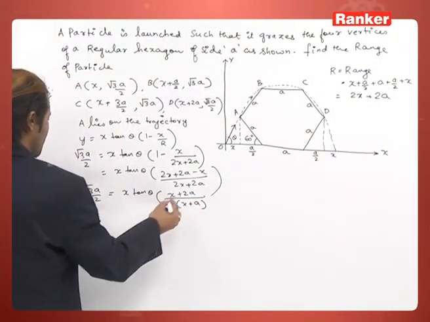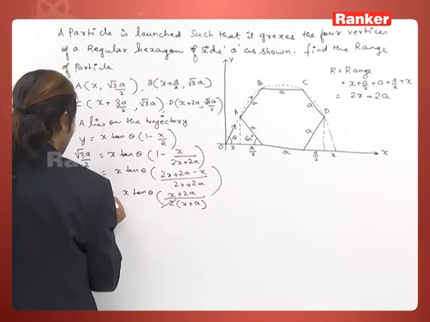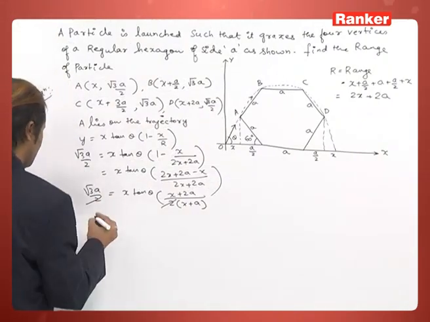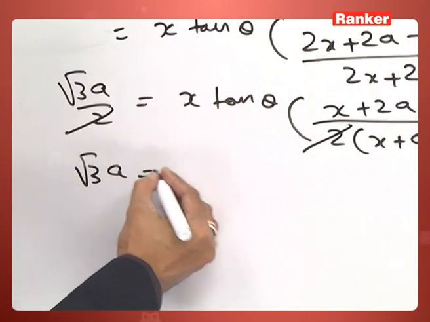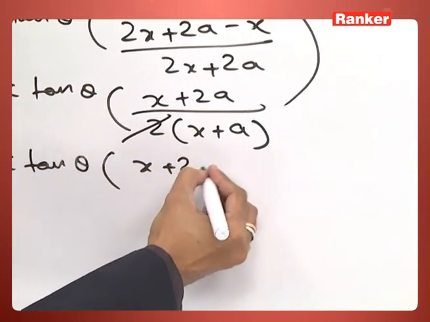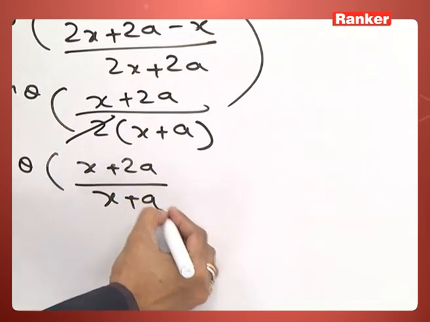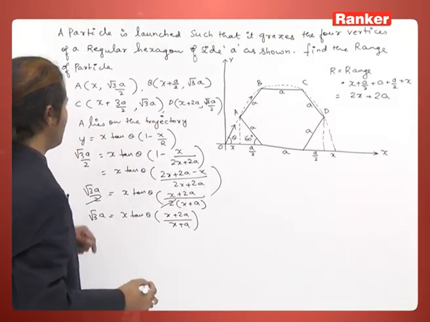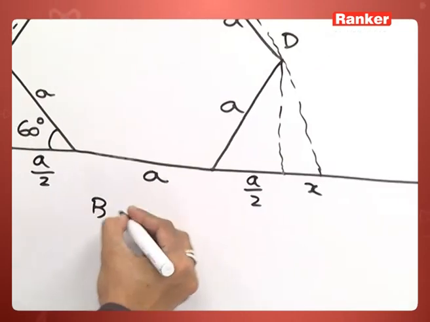So I think this 2 and this 2 can be cancelled out. So root 3a is equal to x tan theta into (x plus 2a) by (x plus a). Okay.